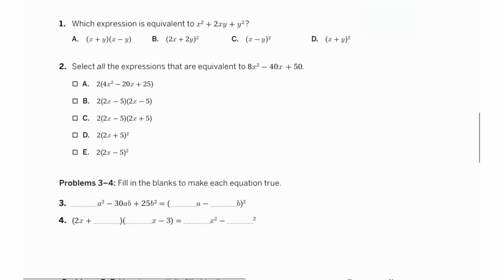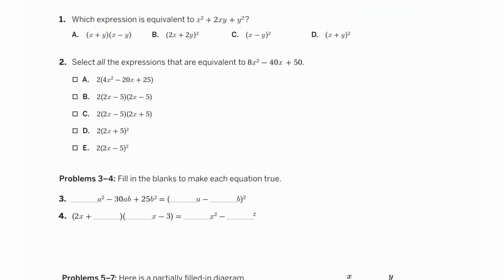For number 1, which expression is equivalent to x squared plus 2xy plus y squared? When we're doing this problem, really the main focus is to see what multiplies out, because when we get more practice, we'll recognize the identity automatically.